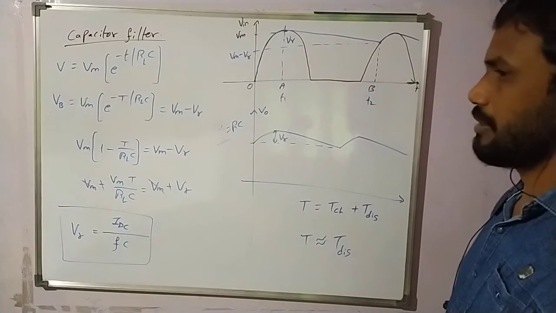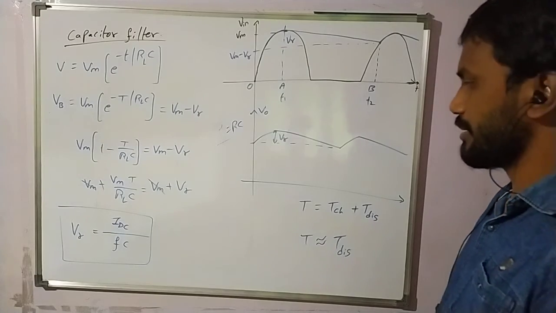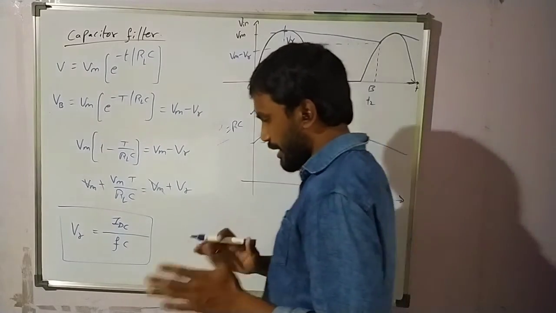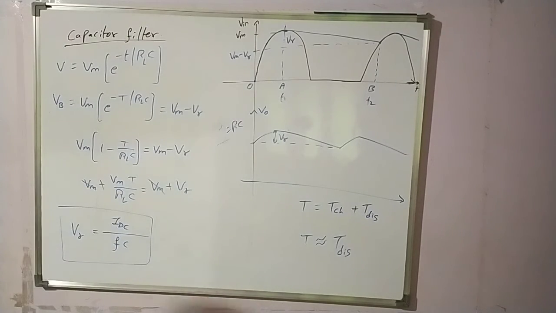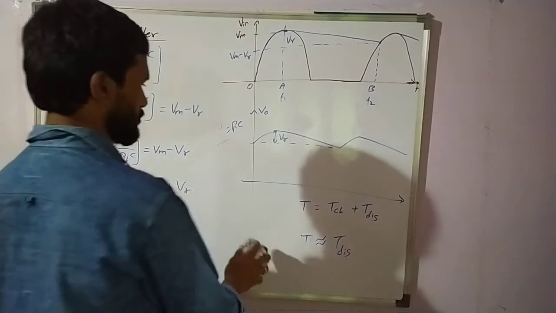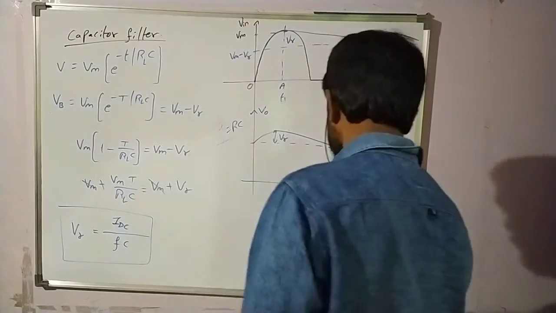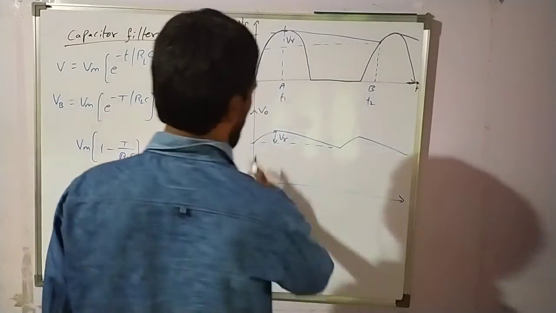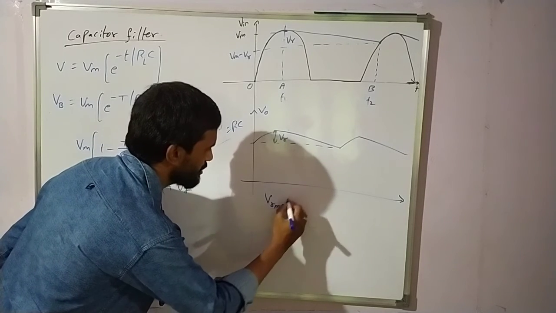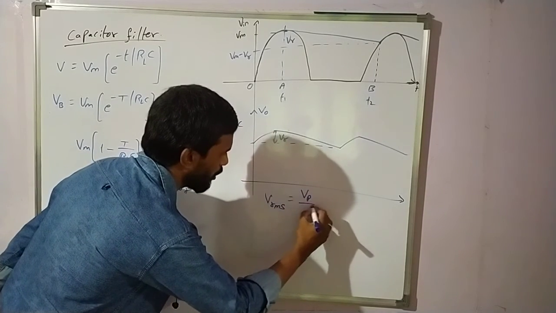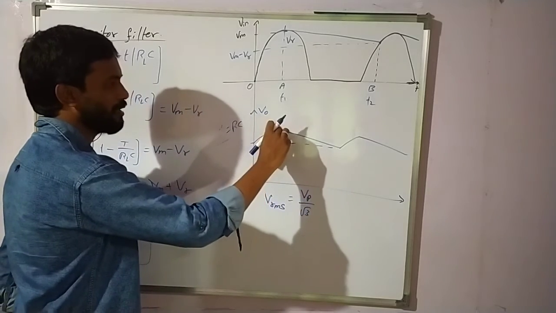Now the ripple factor. What is the ripple factor? It is the ratio of Vrms to VDC. So I want Vrms as well as VDC. Please note down. What is the RMS value of the triangular signal? I know Vrms of a triangular wave is equal to peak by root 3. What is the peak value here?